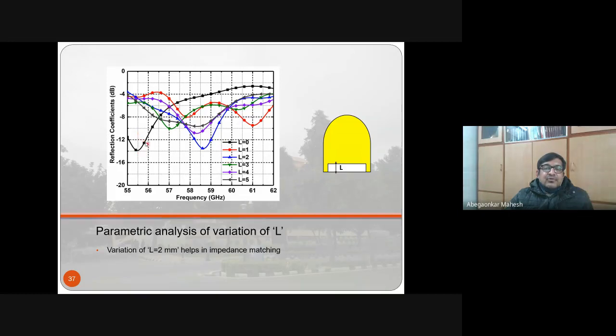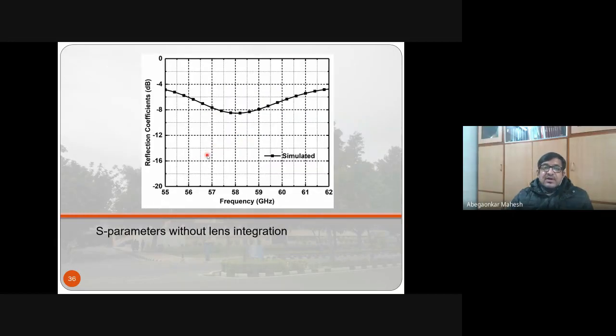So the variation of L equal to 2 millimeter helps in impedance matching. Earlier you could see that the impedance matching was not very good. This was up to -8 dB only. What we require for impedance matching is -10 dB. So with the help of this lens, you are also achieving impedance matching. For L equal to 2, you get good impedance matching.